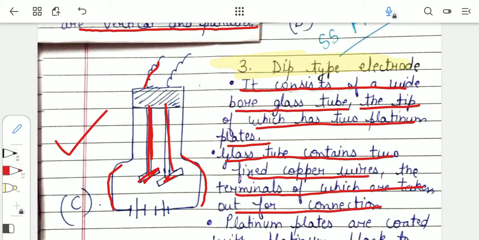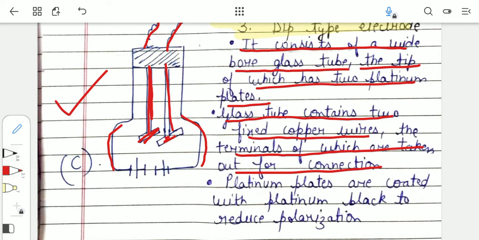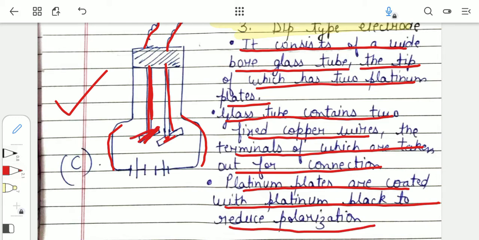These are the connecting wires. The platinum plates are coated with platinum black to reduce the polarization. With reduced polarization the resistance will also be reduced, so that is why it is important to reduce the polarization effect. So this was all under the conductivity cell.